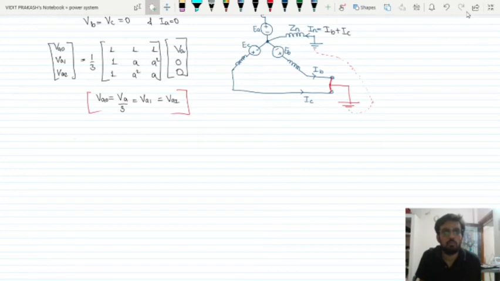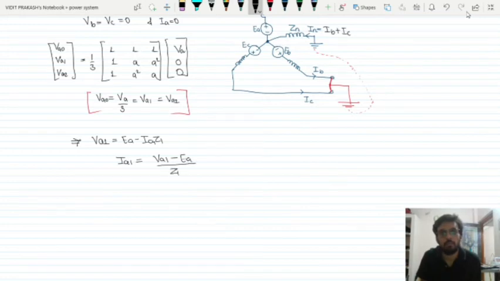Now what is VA1, the positive sequence voltage? That is EA minus IA1 into Z1. And IA1 is equal to EA minus VA1 divided by Z1.